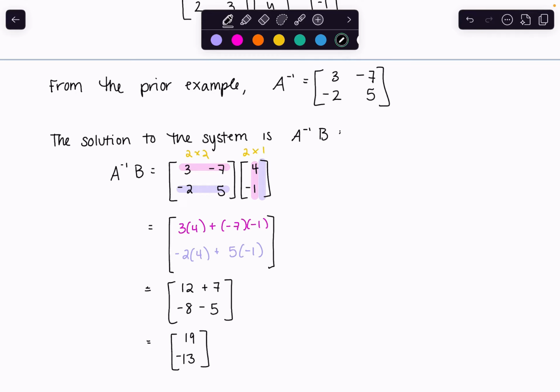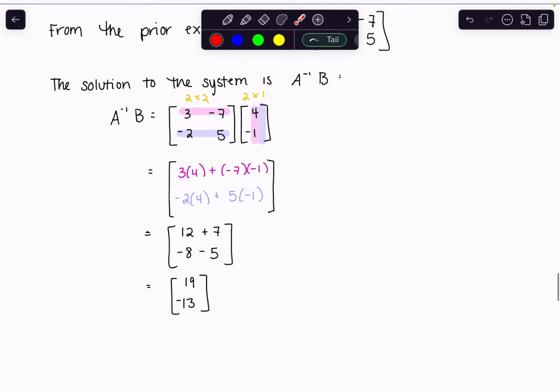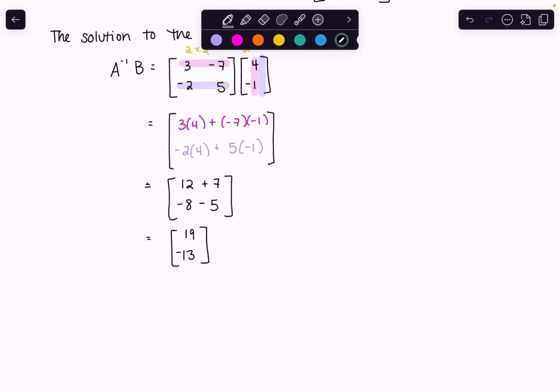Okay. So this is exactly what that solution is. So immediately I can say this is X. So my X and Y are equal to 19 and -13. These are the solutions to that system.